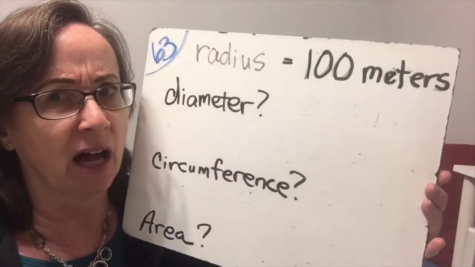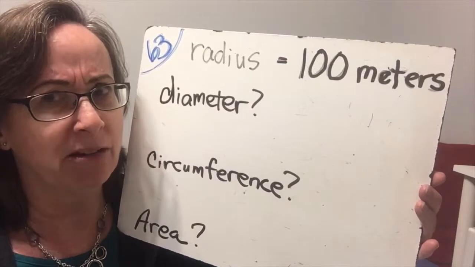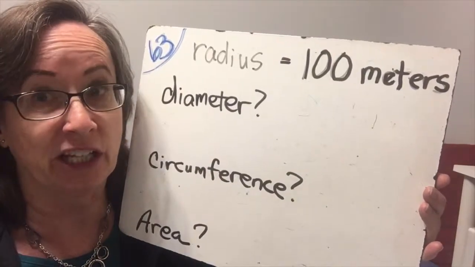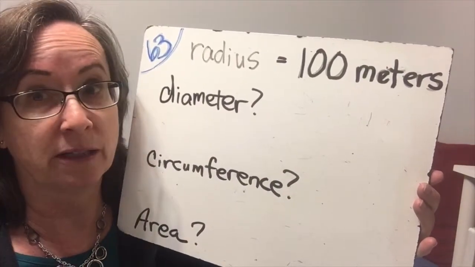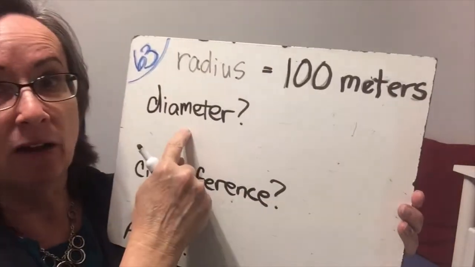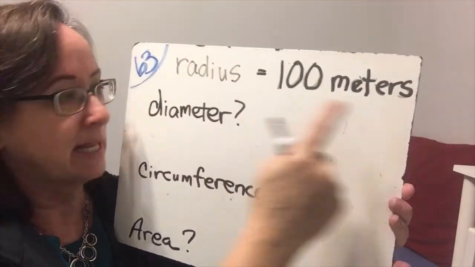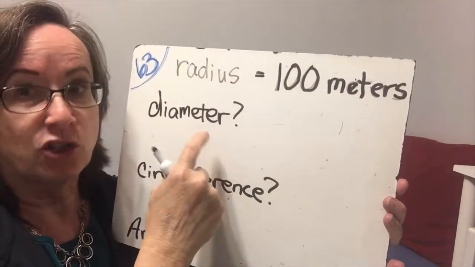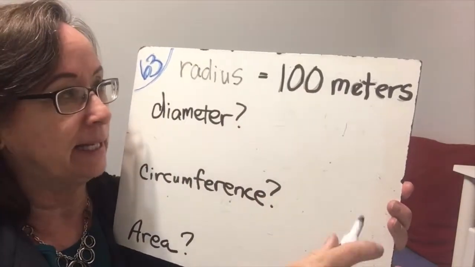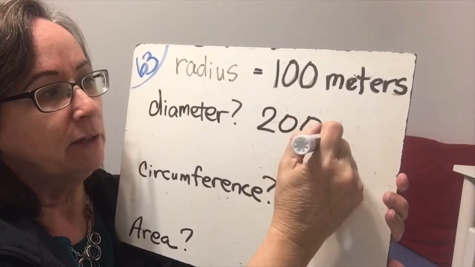You think of 100 yards, I think, is a football field, and a meter is just a little bit longer than a yard. Wow, this is a big circle, okay? So now, what is the diameter? If our radius is 100 meters and our diameter is 2 times the radius, then wouldn't our diameter be 200 meters?